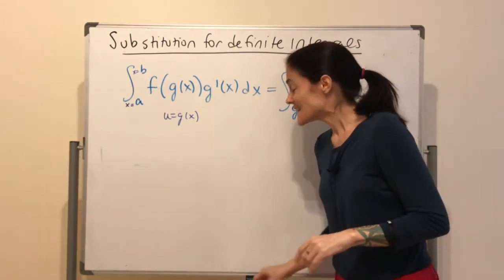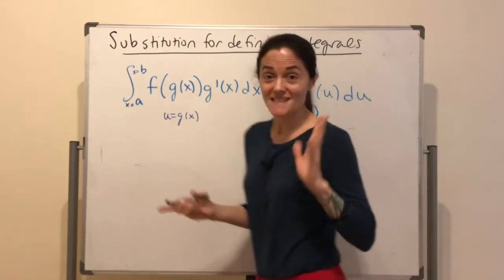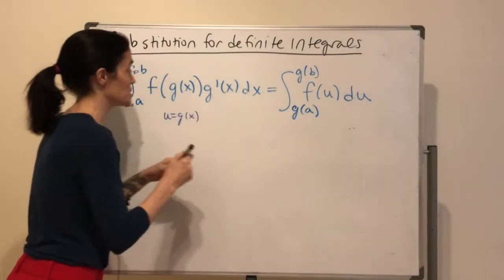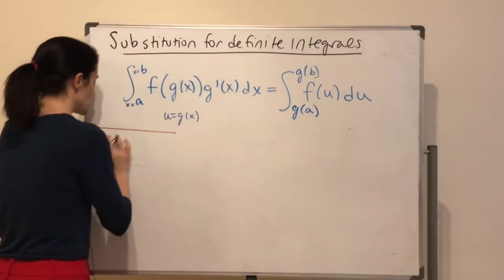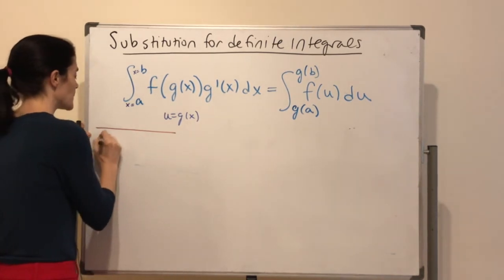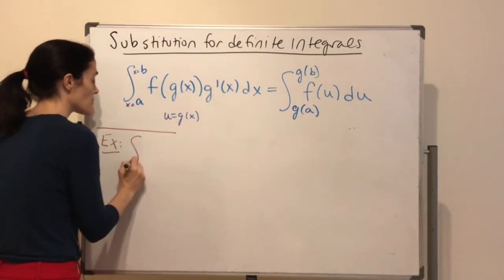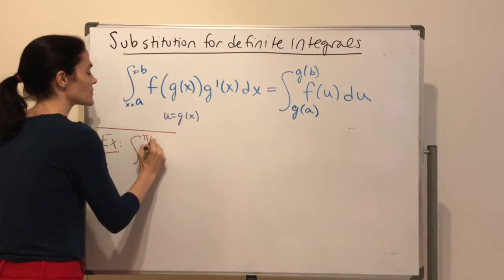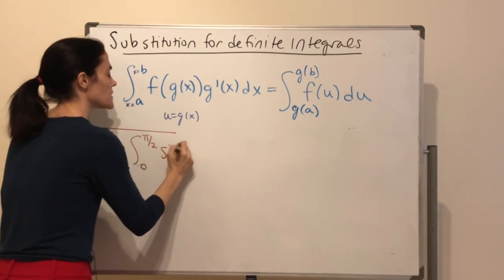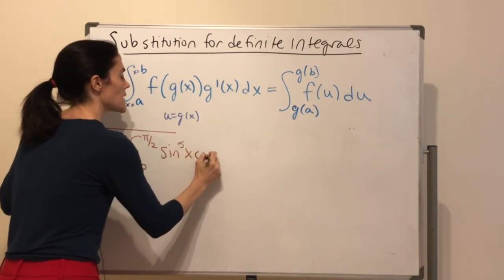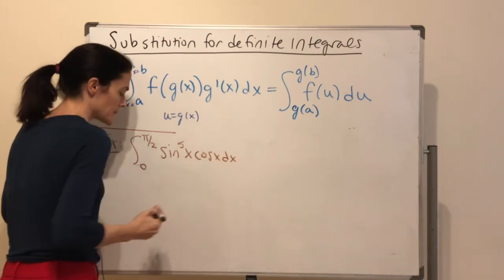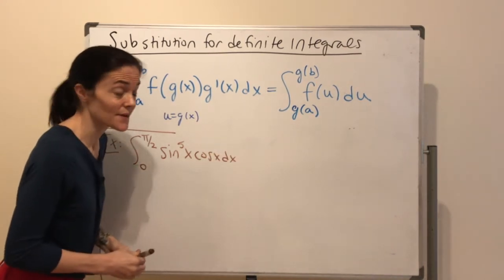So let's go back and do what we just calculated, where I change my bounds. Then we will do some more examples. We just did the integral 0 to pi over 2 of sine to the 5th of x cosine x dx. Well, it starts very similar.